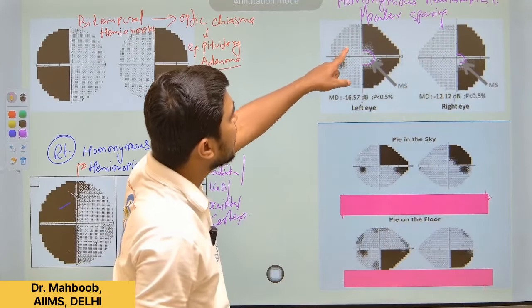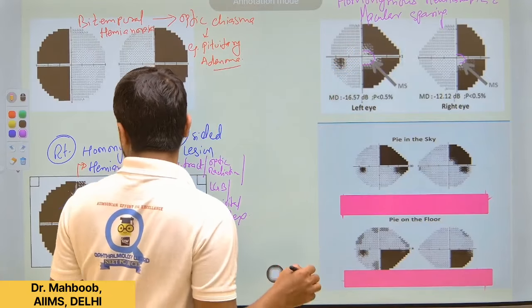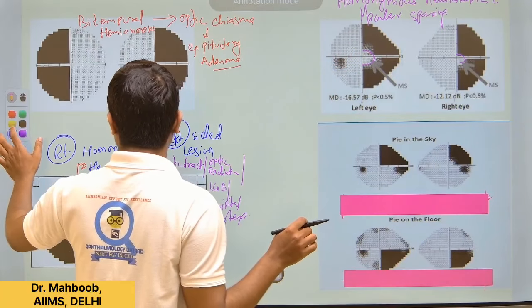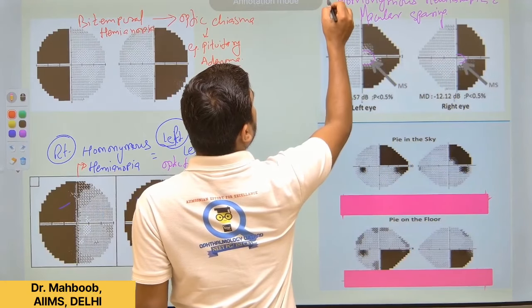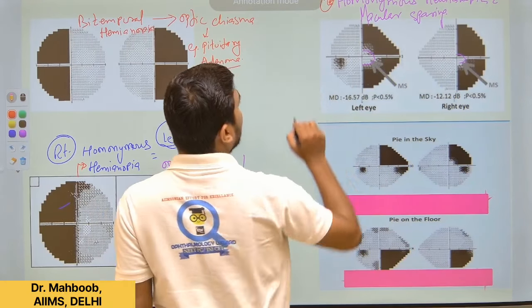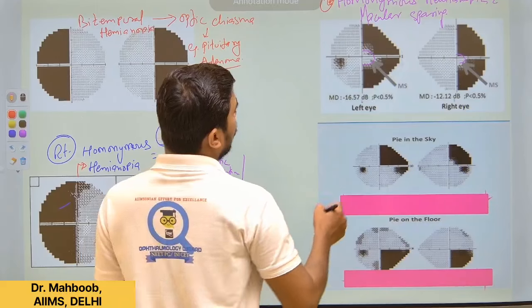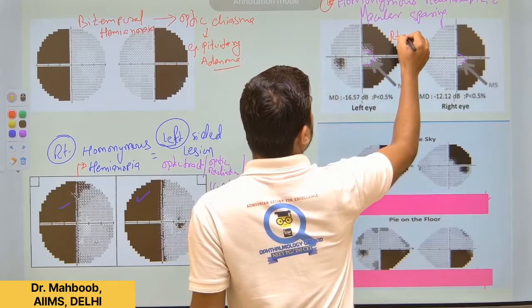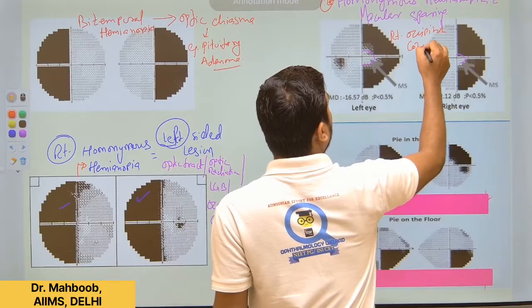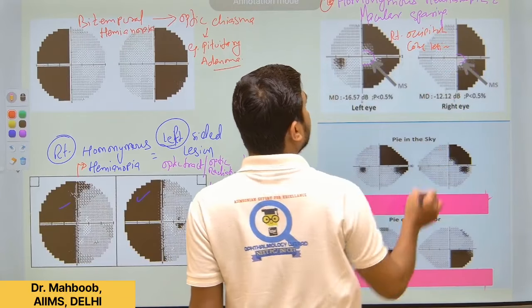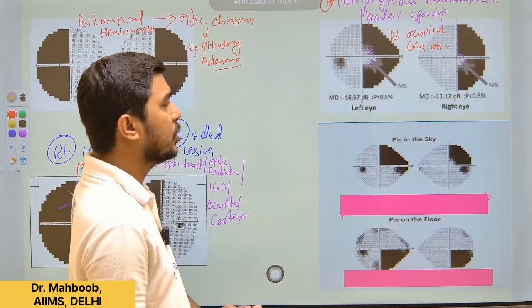If there is a homonymous hemianopia with macular sparing, then the lesion is straightforward. Since this is left-sided homonymous, there will be a right occipital lobe lesion.